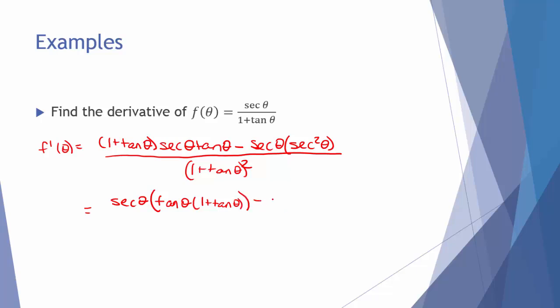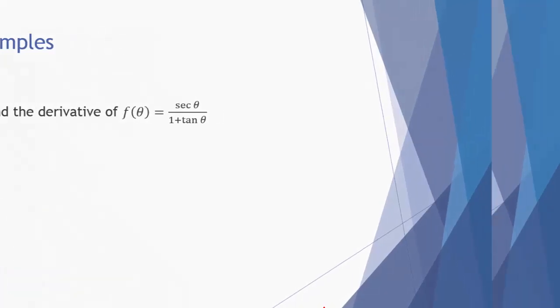And in my second term, I'm left with secant squared theta. And that's all over 1 plus tangent of theta, squared. I'm not seeing anything profound that can cancel. You could distribute this tangent theta to both of these terms, but unless something's going to cancel, some of those simplifications are unnecessary at this point. So we'll just leave it like this for now.